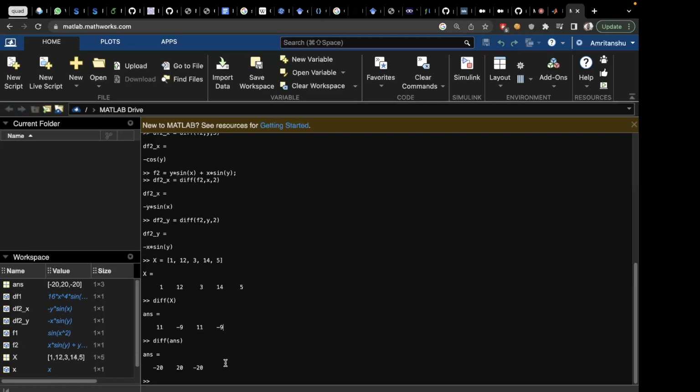So we can just do diff of that position array and divide by the time step, and that would be the velocity, basically. So yeah, these are a few useful functions.